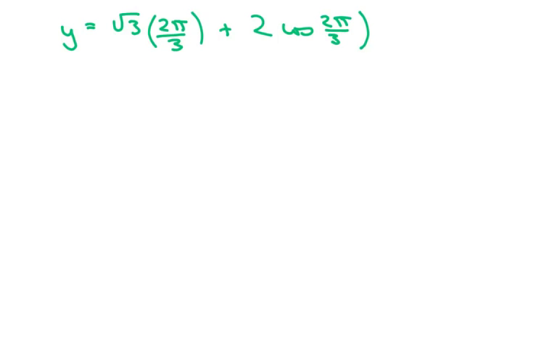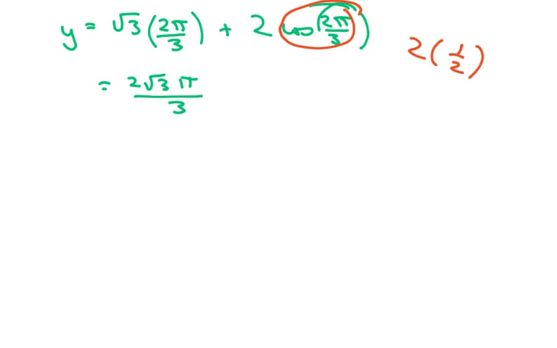This equals 2 square root of 3 pi over 3, and cosine of 2 pi over 3 is negative 1/2. 2 times negative 1/2 equals negative 1, so this will be minus 1.